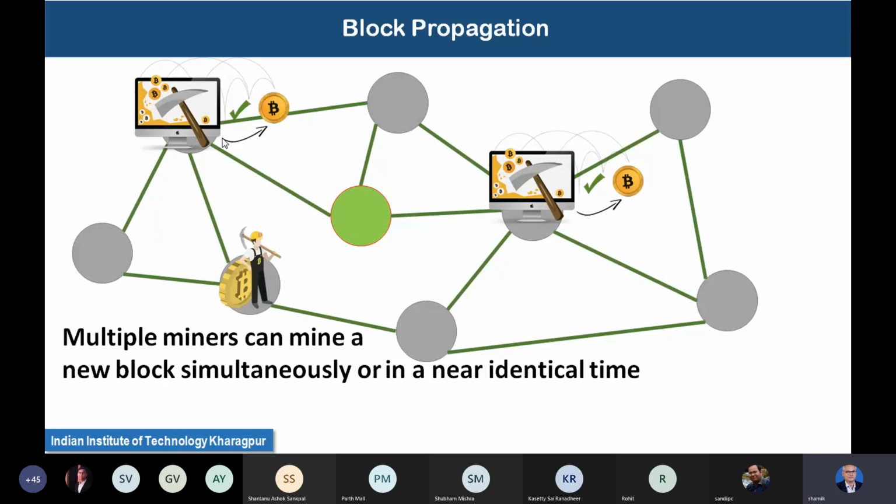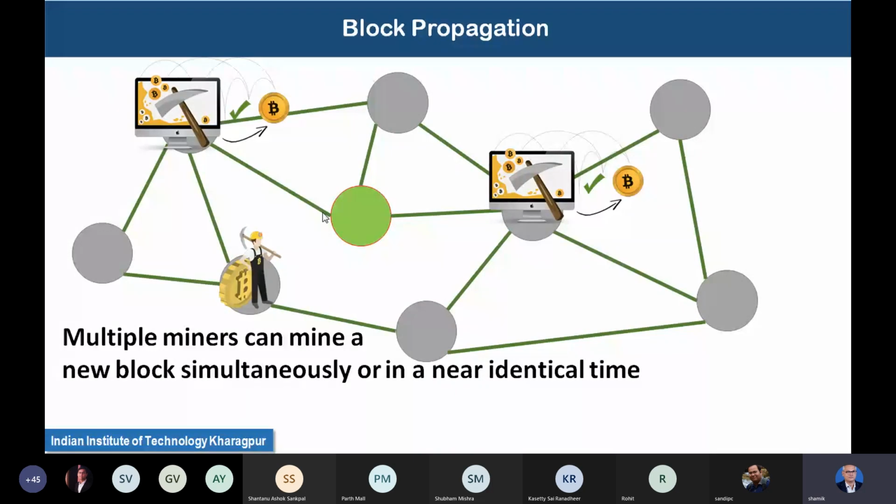By almost simultaneously, it means that before this miner knew about this having already been mined. So the nodes will keep getting as a next block both this block that has been mined by this miner and this block that has been mined by this miner. That is what can happen if they mine the new block in a near identical time.